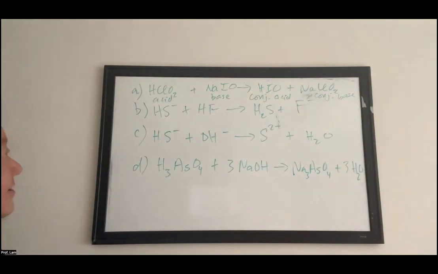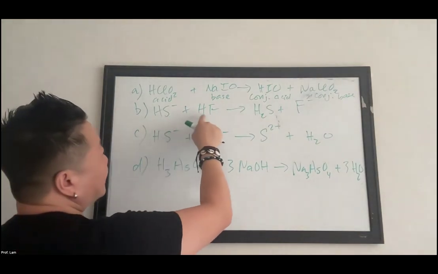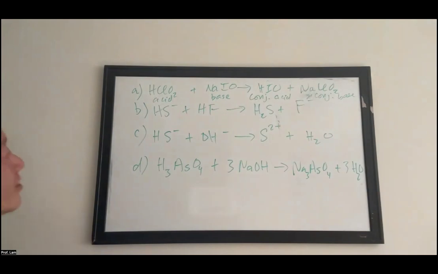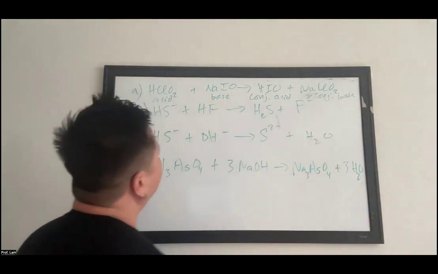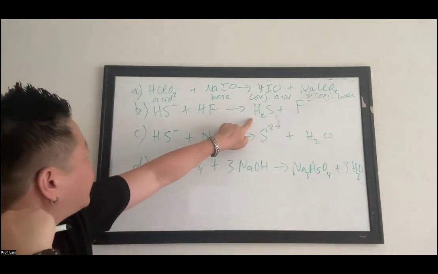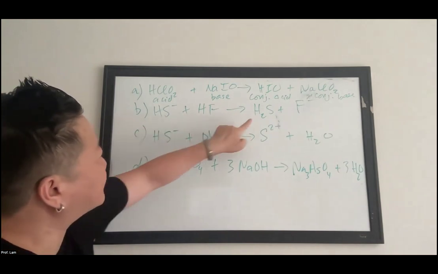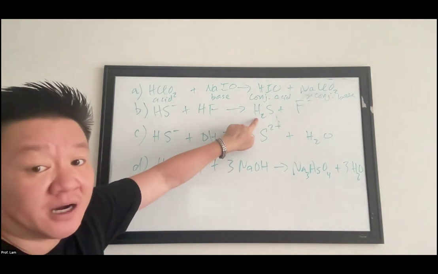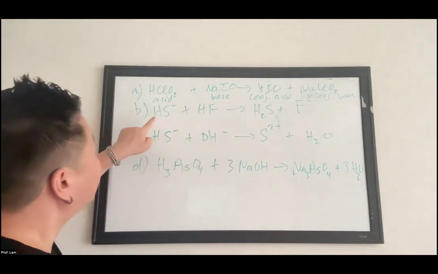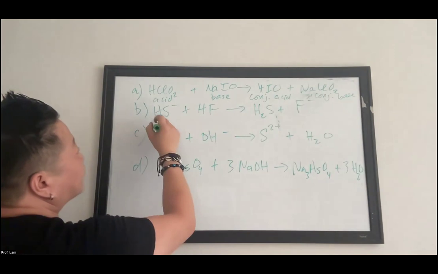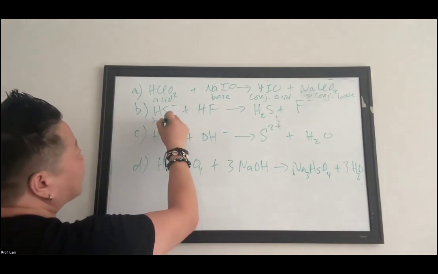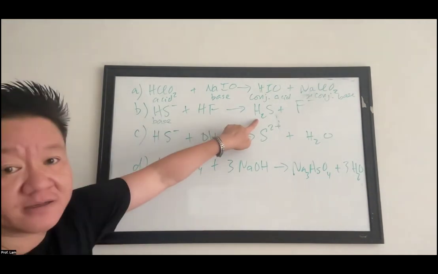Okay, let's do another one. B, HS minus plus HF goes to H2S plus F minus. Okay, so in this case, we see that this HS minus is the one that gains the proton to become H2S, right? That's what happened. So this one must be the base because it accepted the proton, right?